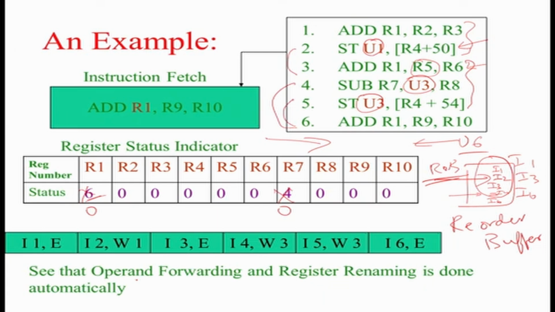So even though I complete instructions earlier, I keep them in a reorder buffer, and as and when an instruction finishes, the set of consecutive instructions from the top, I go and commit. So I1 finishes, I3 finishes, I6 finishes. The moment I2 finishes, I1, I2, I3 will be committed. The moment I4 and I5 finish, I4, I5, I6 will be committed. That will be done in one shot.